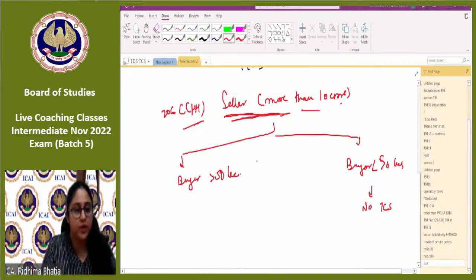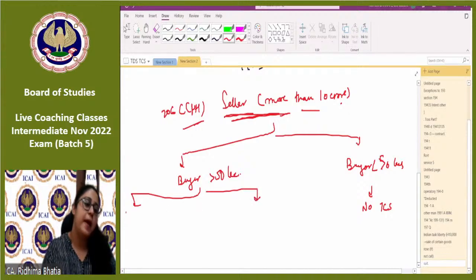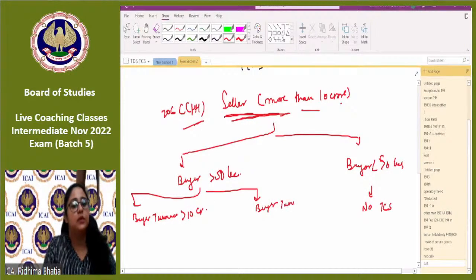अब यहाँ पे क्या देखोगे? अगर buyer का turnover in the preceding year is more than 10 crore, or if buyer का turnover in the preceding year is less than 10 crore, right?